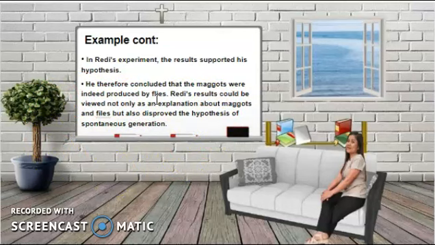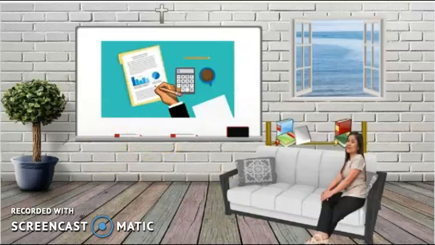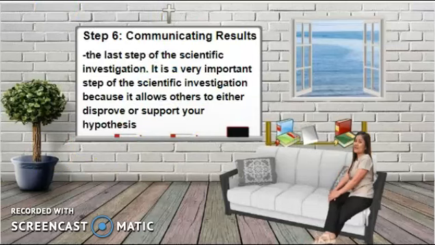So his experiment supported his hypothesis. He also disproved the theory or the idea about spontaneous generation. So this is the illustration. Okay, analyzing data, recording the data, and drawing conclusions.